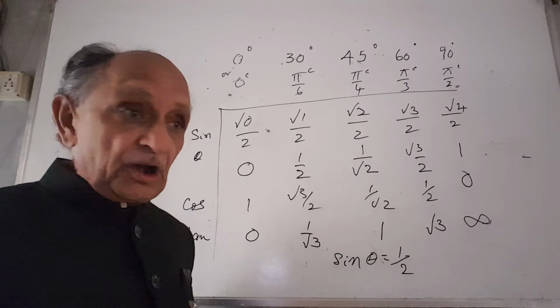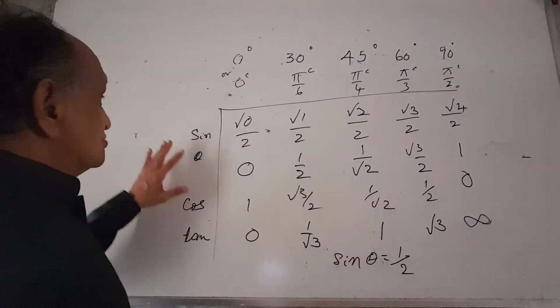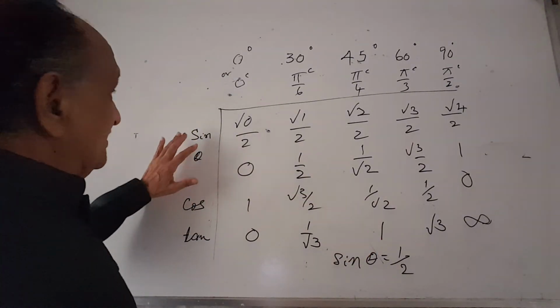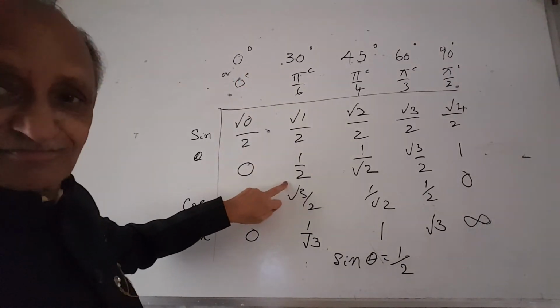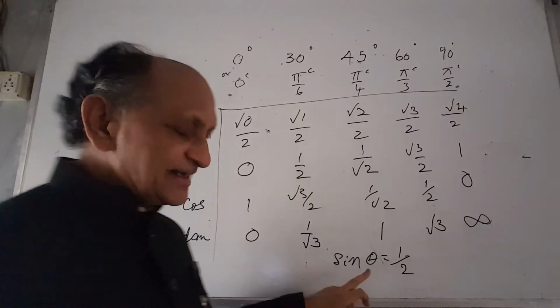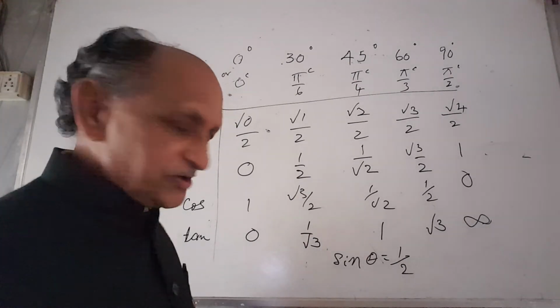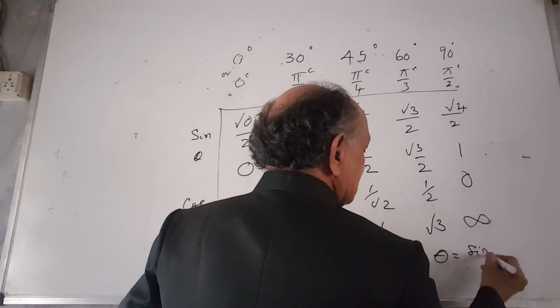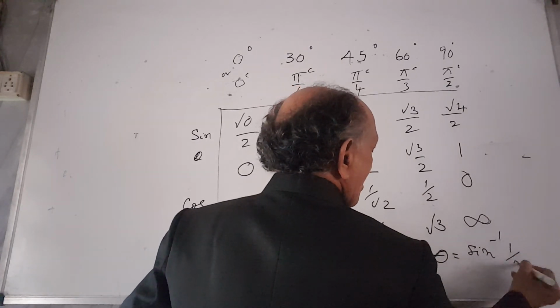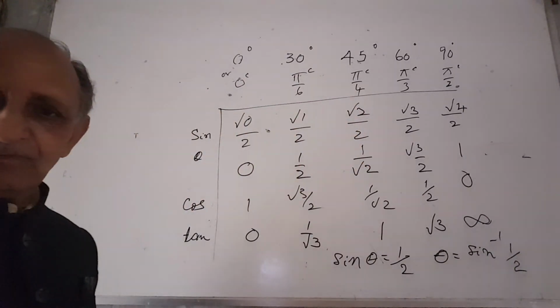Inverse trigonometry means you find theta. Sin 30, for example, sin 30 is half. So how do we write this? Theta is equal to sin inverse of half. We will write like this.